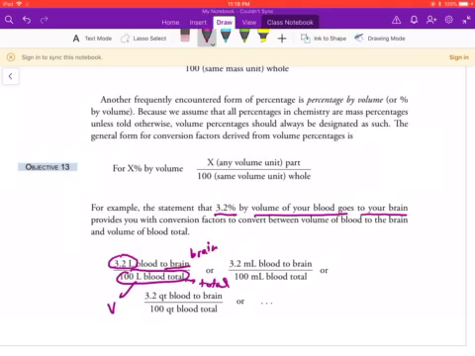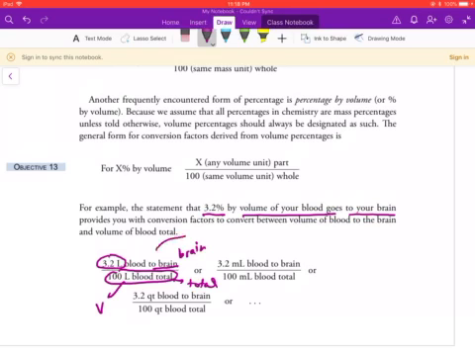For chemistry, I'm going to rewrite this in a shorter way. We'll have 3.2 liters to brain, and then 100 liters total. That is a conversion factor.